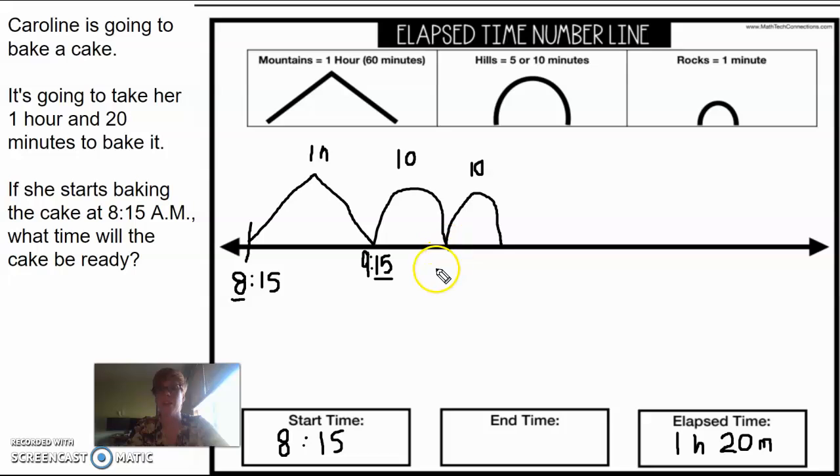So 15 plus 10 is what? 25. So 9:25. And then 10 more after that is what? 35. All right. So the time that her cake will be ready is going to be at 9:35.